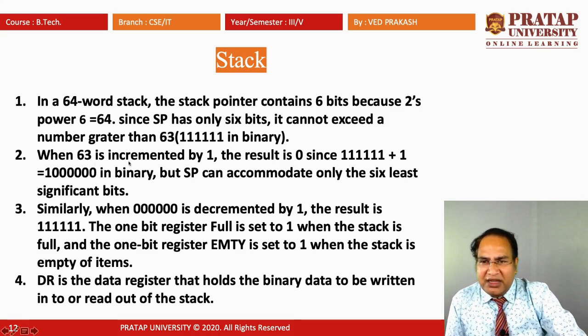When 63 is increased by 1, the result goes to 0. Since 111111 plus 1 gives 1000000, and we always take 6 bits, we have to consider only the first 6 bits. So our result always goes to 0. It denotes that our stack overflows, but SP can accommodate only the 6 least significant bits.